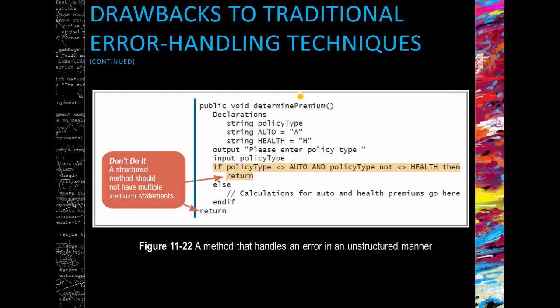The first one here is a procedure called determine premium. We're going to determine the premium, doing the calculations of auto and health premiums, only if we first do a little check. The check will tell me whether the policy type is A, auto, or H, health.